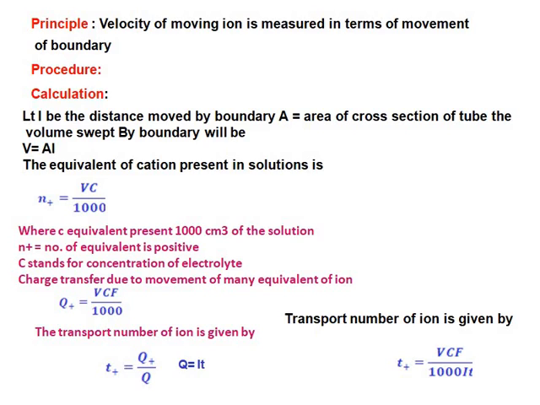The cation of the second electrolyte follows the cation of the first electrolyte, and therefore it is also known as the following electrolyte. When current is applied, the second cation always lags behind, maintaining the boundary established between the two solutions.